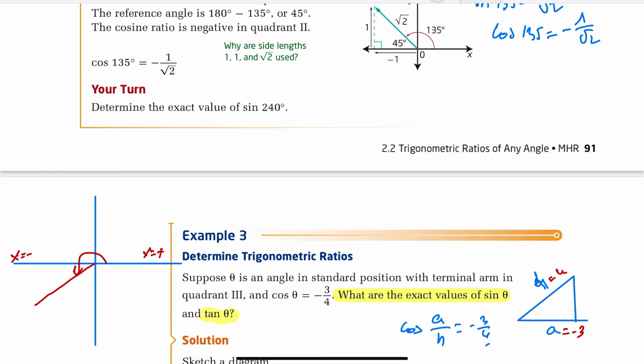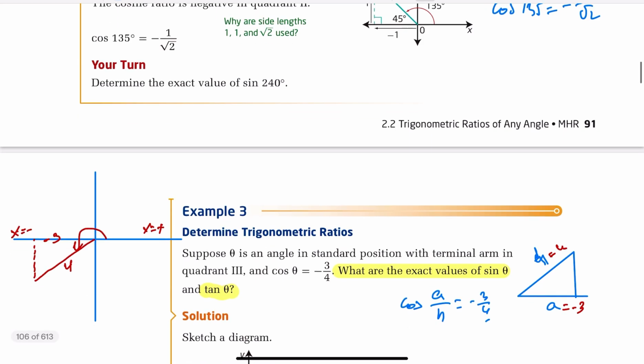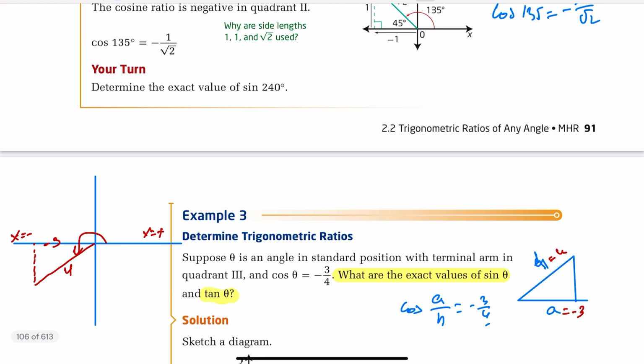So I can write that here. This is 4 and this is minus 3. By using the Pythagorean theorem, I can find my y.